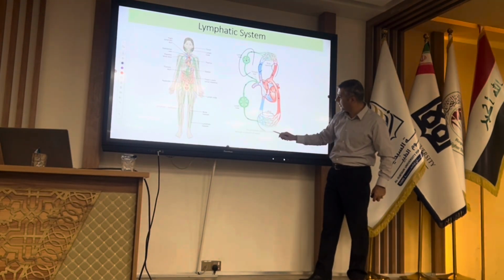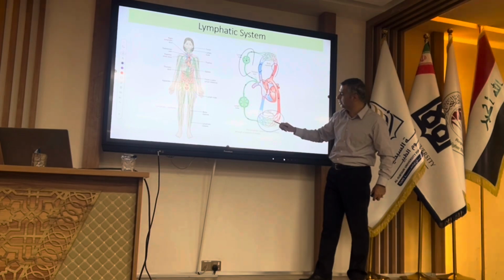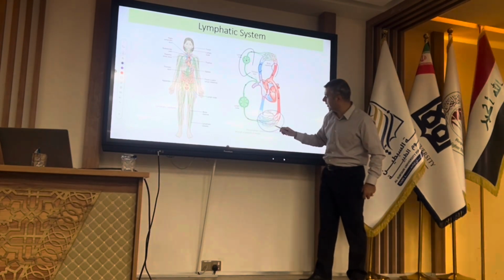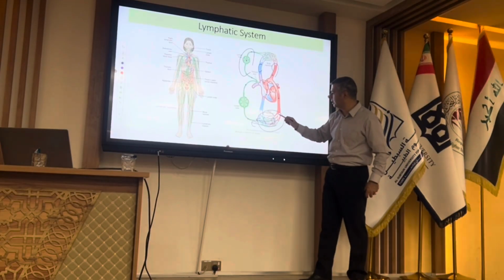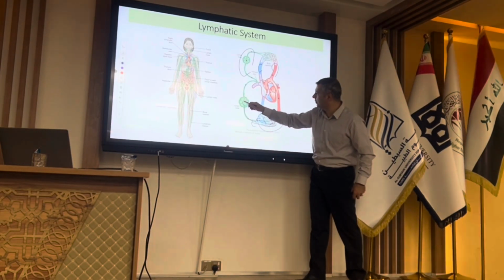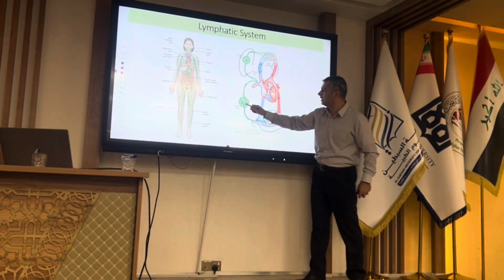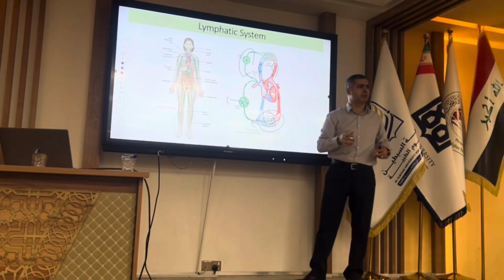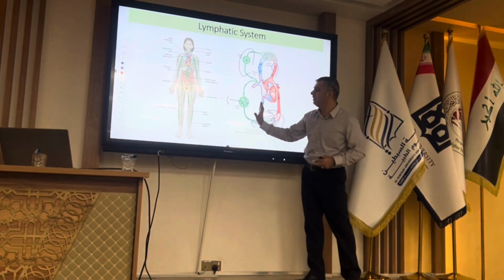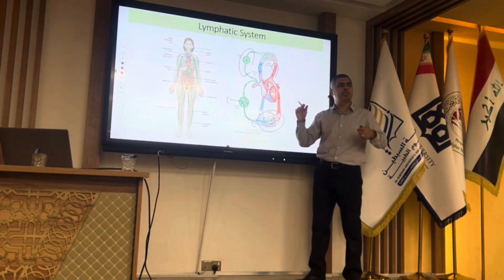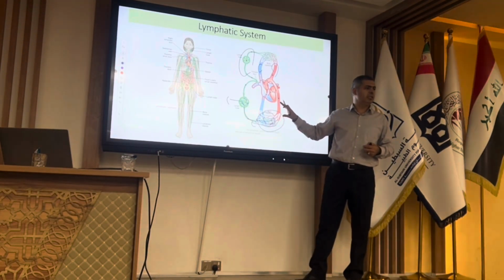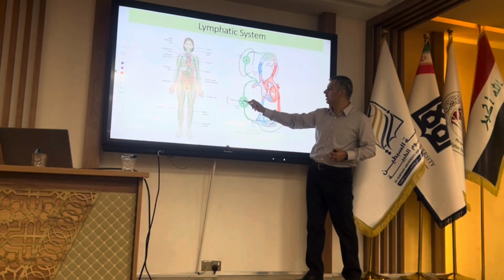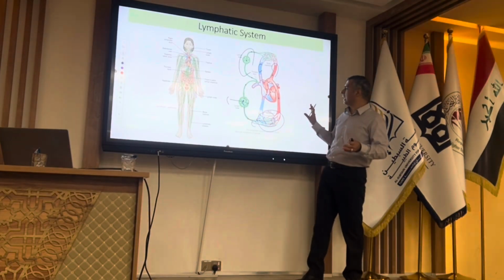So inside the tissues, we have absorption of the lymphatic fluid to sample the presence of antigen and take the antigen to the lymph node. If there is foreign antigen, we will have initiation of immune response. Without the lymphatic system, the immune system cannot check the presence of antigen in the tissues. And after initiation of immune response, we will have eradication.